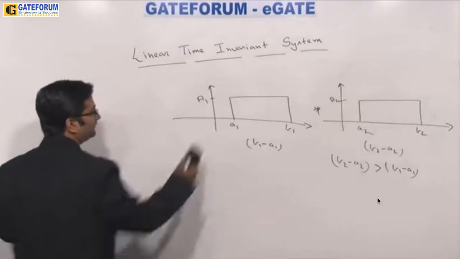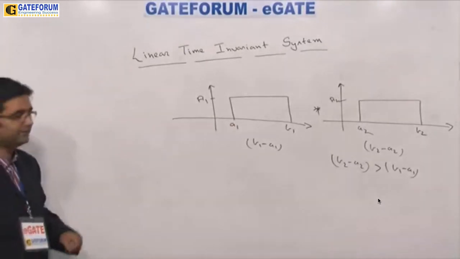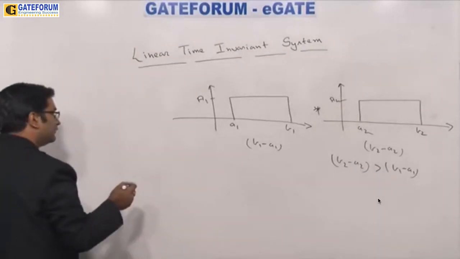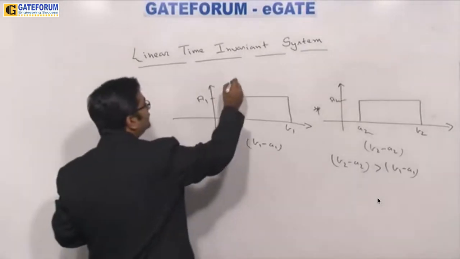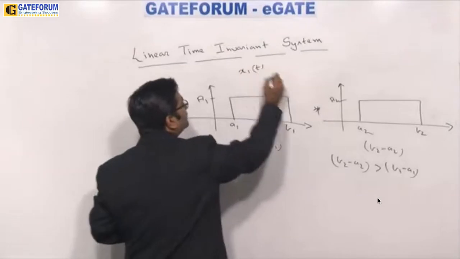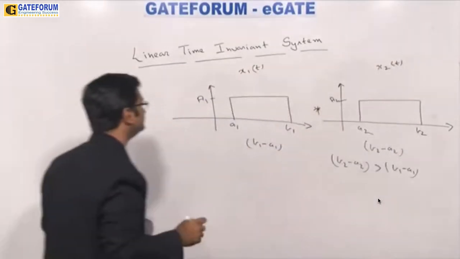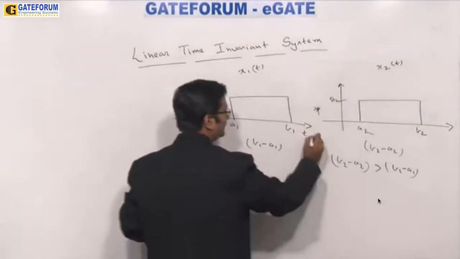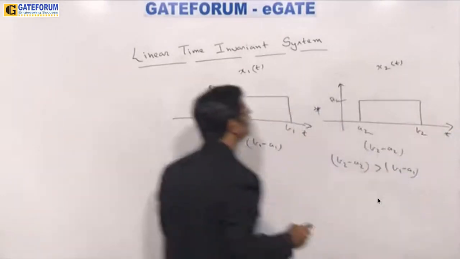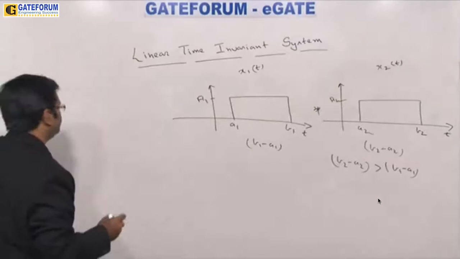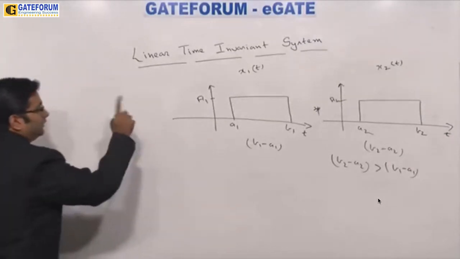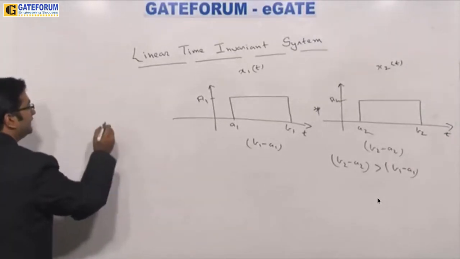So I'll do the time reversal of this, and then time shifting. Let this be equal to x1 of t, this be equal to x2 of t. This is t, this is also t. Now change the variable.